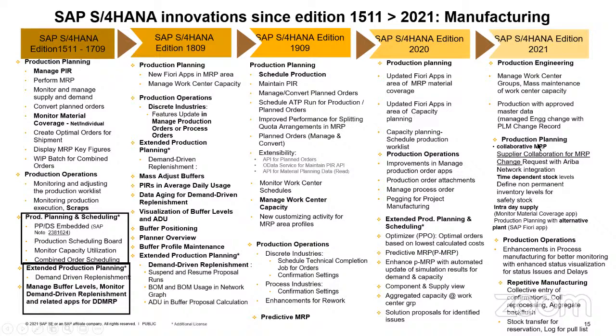So we have in production planning the collaborative MRP, that is predictive material resource planning, where you see the addition of various functionality. Also, in the space of collaborative MRP, supplier collaboration for MRP change request with Ariba Network integration has become a very interesting feature, wherein the ever-changing dynamic changes of MRP can also be shared with the external source, which is very important for them to take into consideration for their planning.